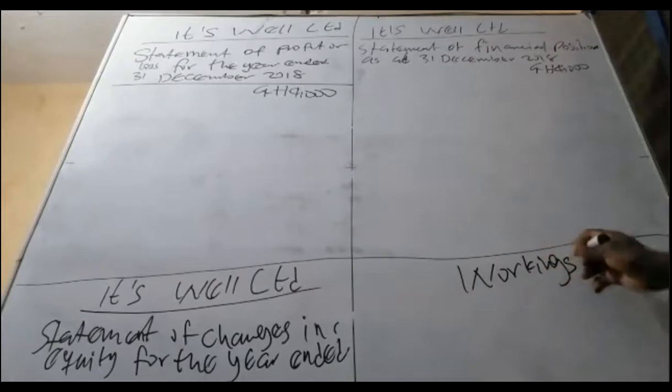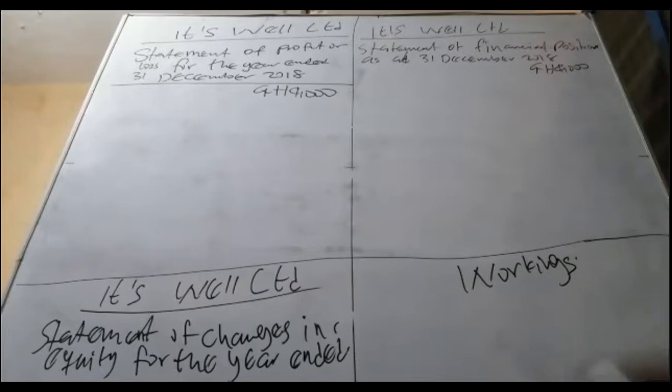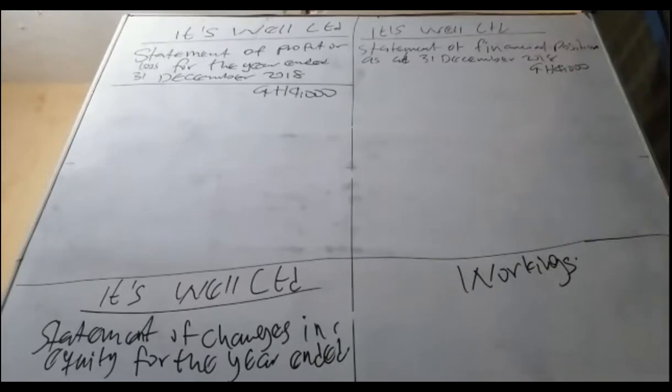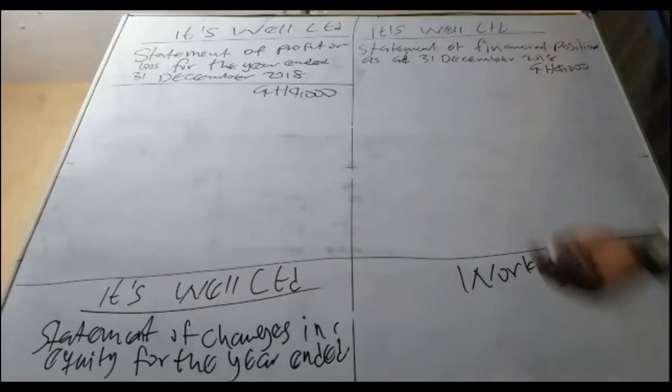So first 5 minutes to read through the question, 2 minutes to set the tone. So this one takes 2 minutes for you to record all of this. Then you start. When you do this, you can start from anywhere. You can even start from the financial position. So now let's kickstart the entire game.